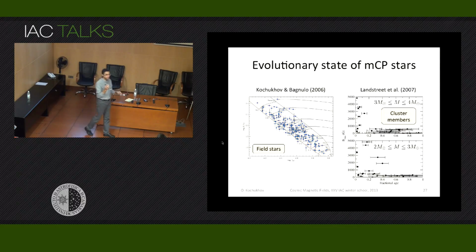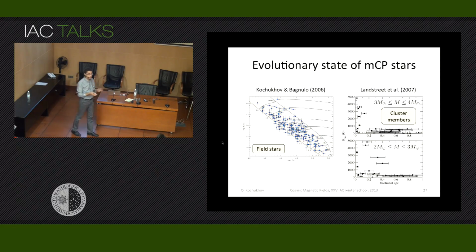There is no preference of these stars for a certain evolutionary stage, which immediately tells us that if they acquire magnetic field, that should happen fairly early in their evolution, and then the field stays approximately the same. There was a more systematic, more precise study where magnetic field strength in stars in clusters was measured.